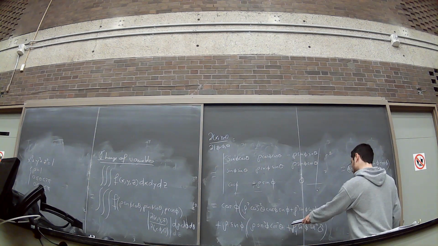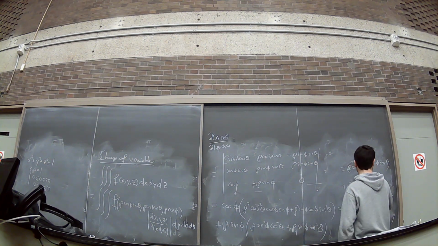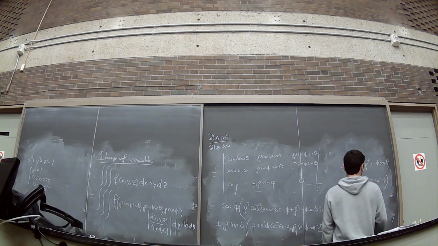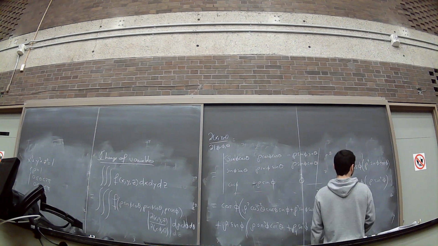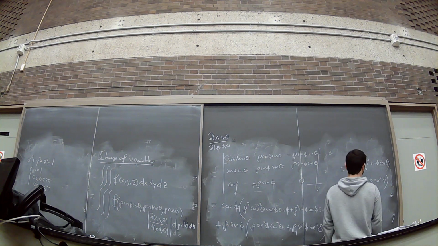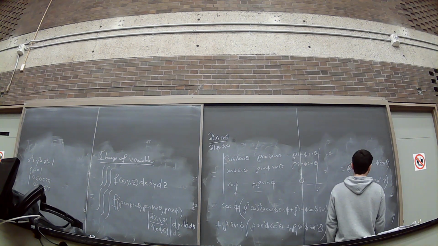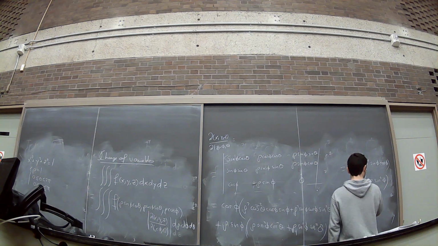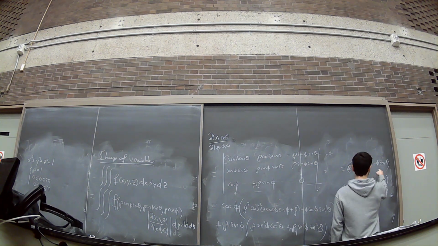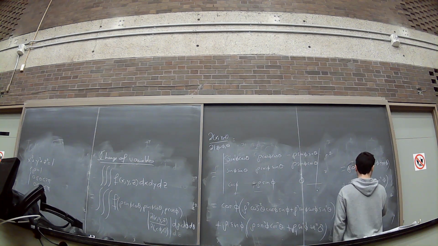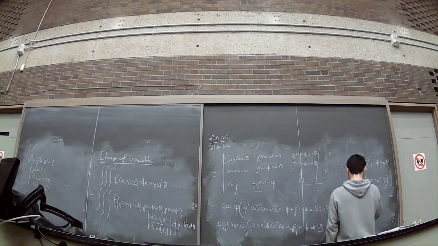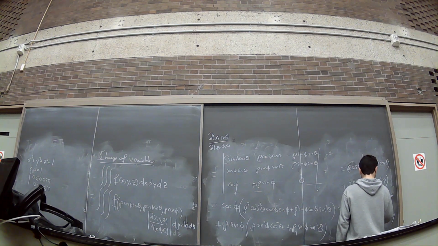Anyway, it's rho cos squared theta times plus rho sin squared phi. So what do we get? We get rho squared sin phi cos squared phi plus rho squared sin.